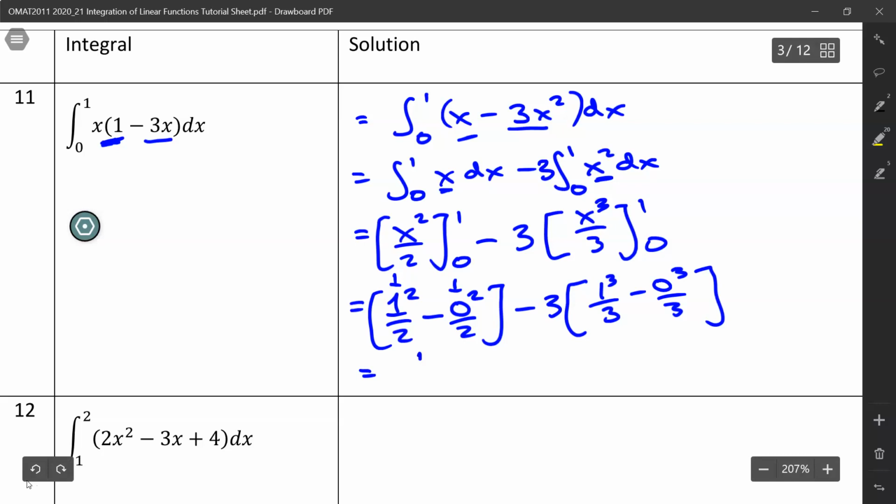So this gives me a half minus 0, minus, and this gives me 3 times 1 cubed over 3, so it's 1 over 3 like that. So that gives me a half minus 3 over 3, which is 1, which is a half minus 1, and a half minus 1 is minus a half.